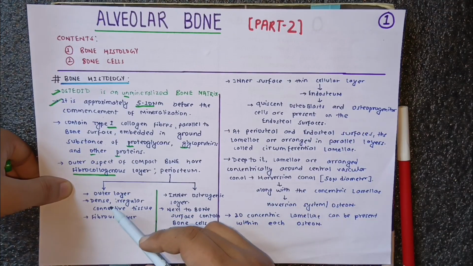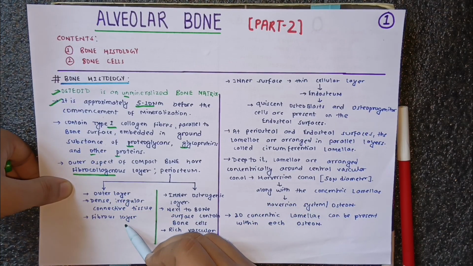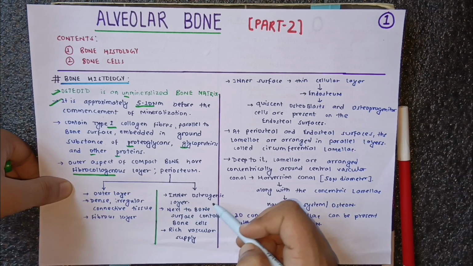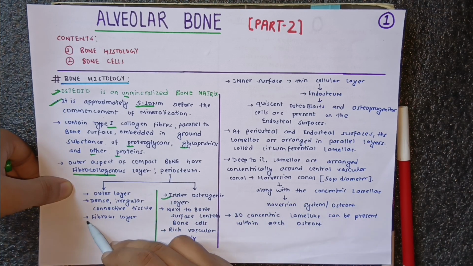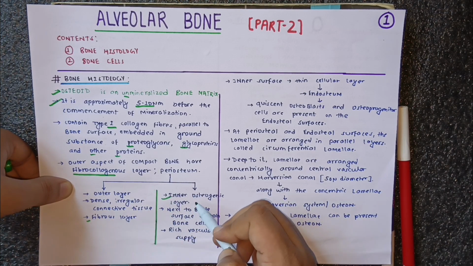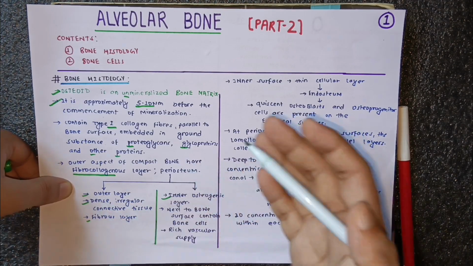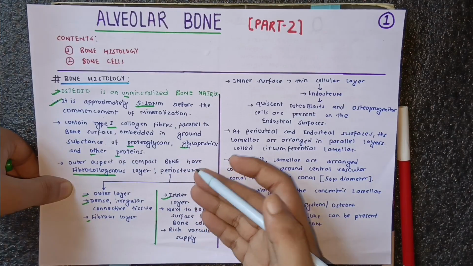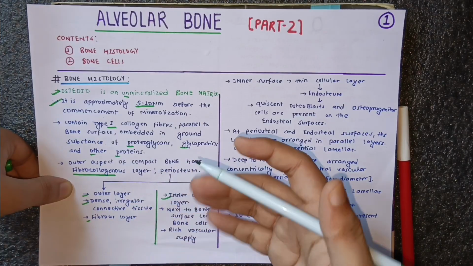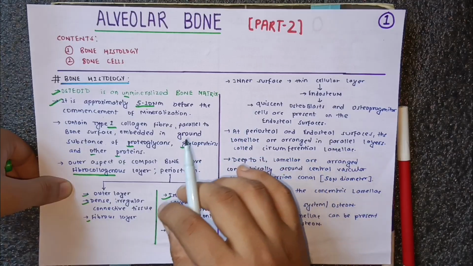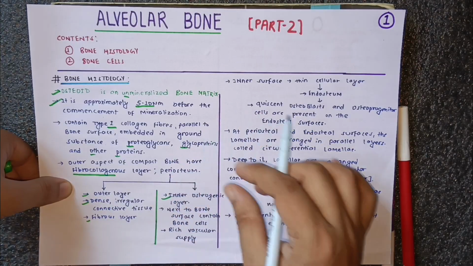The outer layer is a fibrous layer and the inner layer is an osteogenic layer. In the outer layer we have dense irregular connective tissue, where we can see different kinds of fibers, so it is termed the fibrous layer.